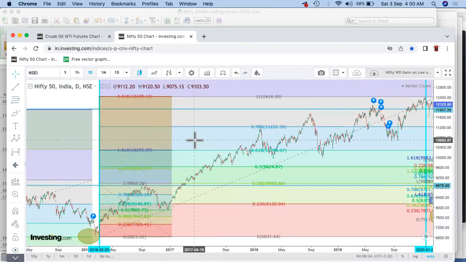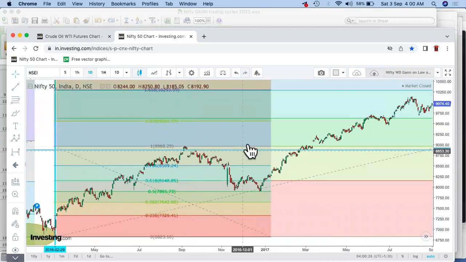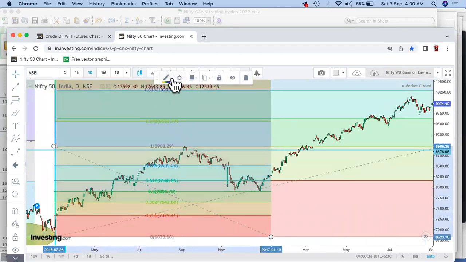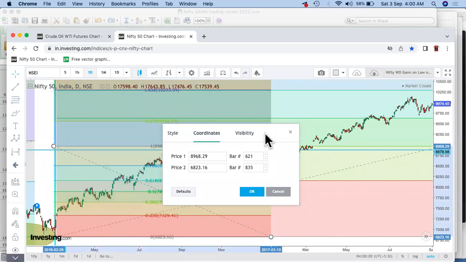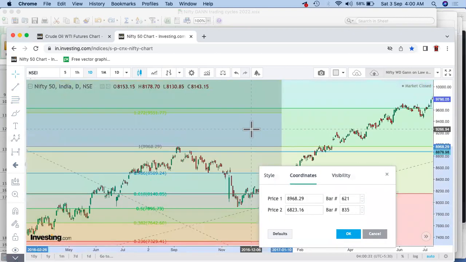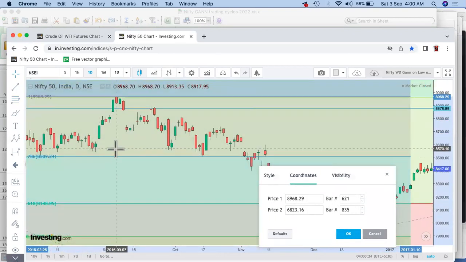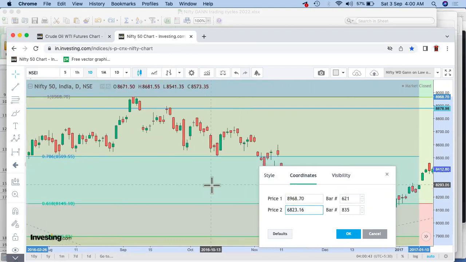We haven't taken the exact points, so let me check with the exact points. Probably we'll be able to increase the accuracy if possible. We'll try doing that. So my high over here is 8968.7. So we need to take 7, probably just a change of the numbers if possible.